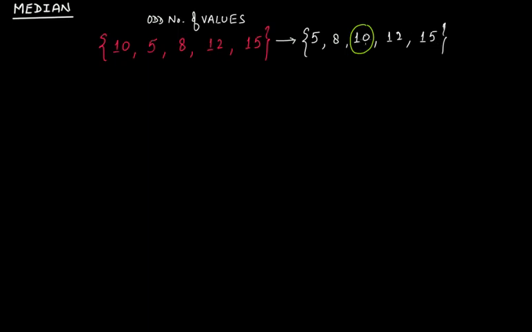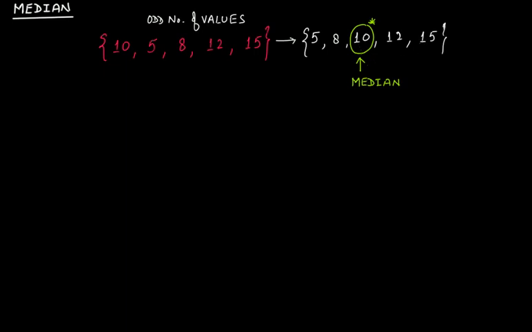This is the center, the middle of this data set, and this will be the median. The 2 values, 5 and 8, are less than 10 and are towards the left, and the 2 values, 12 and 15, which are greater than 10, are towards its right. Now this will be the median.